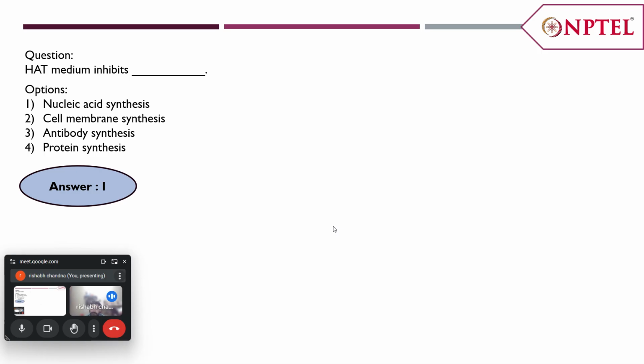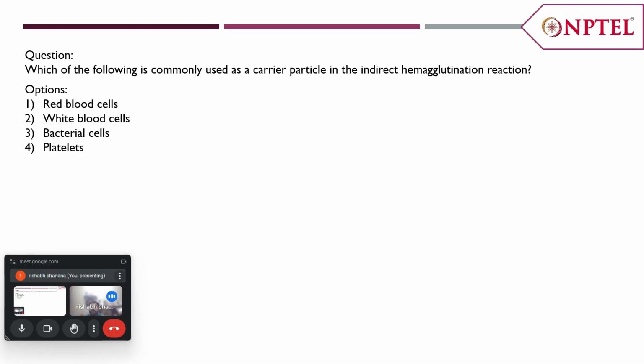Okay, let's move on to the next question. Which of the following is used as a carrier particle in indirect hemagglutination reaction? The RBCs, WBCs, bacterial cells, or platelets?